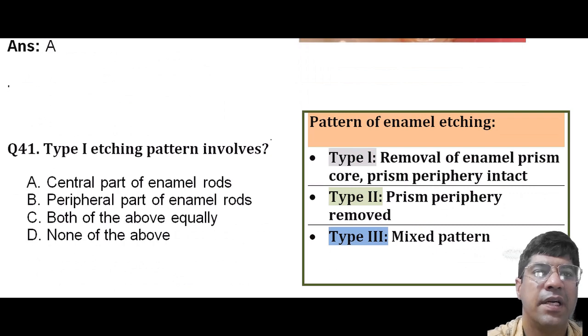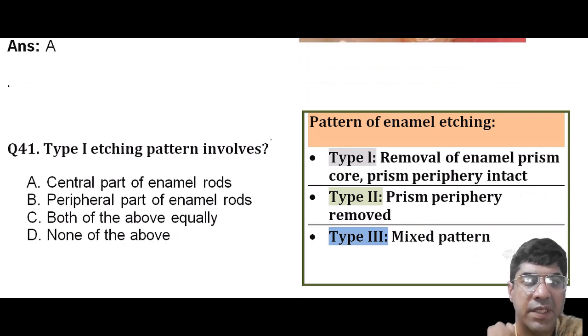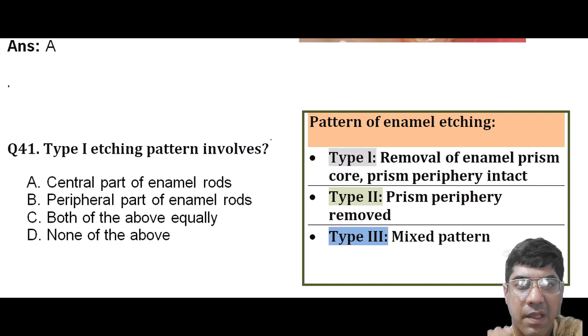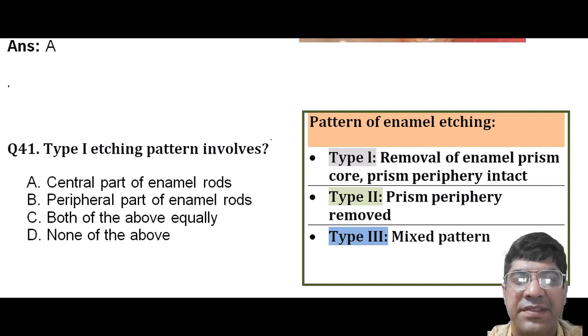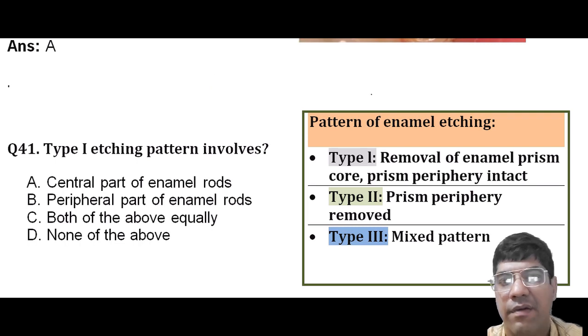Moving to the next question, type 1 etching pattern involves. In the type 1 etching pattern, the central part of the enamel rods is dissolved, whereas the peripheral part is intact.